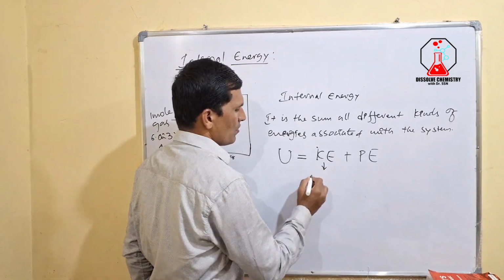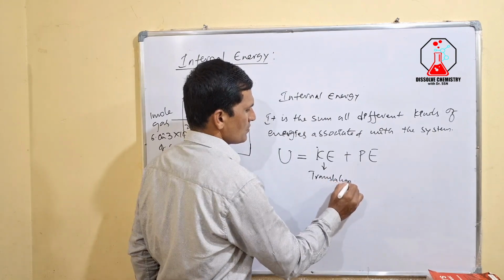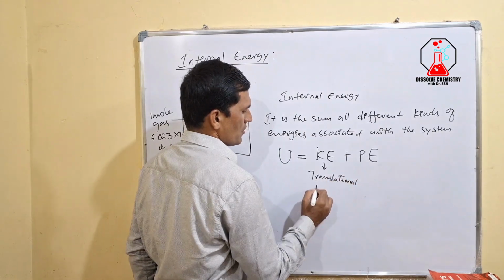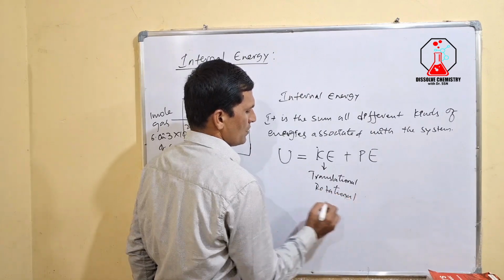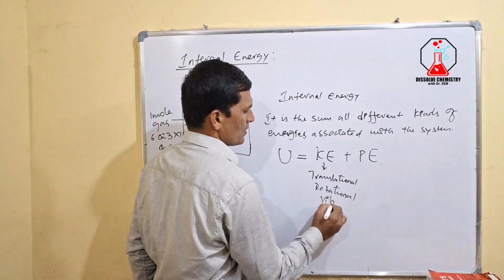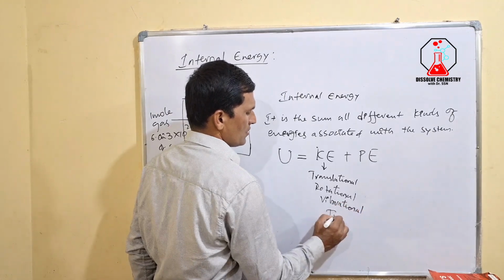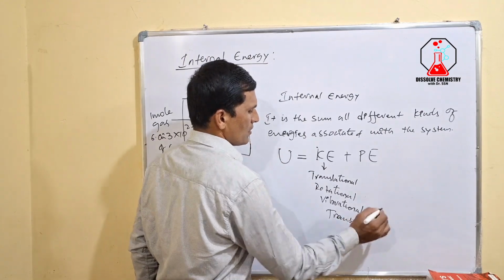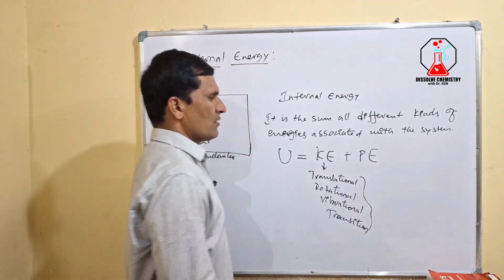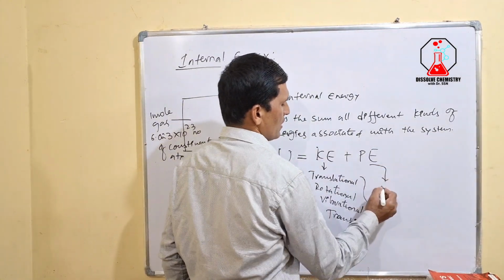Kinetic energy may include translational and rotational motion of the molecule, then vibrational motions of the molecule, and electronic transitions may happen. All these put together we call the kinetic energy of the molecule.